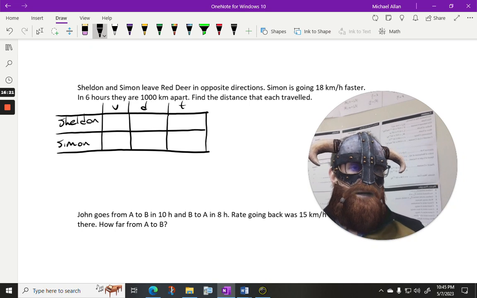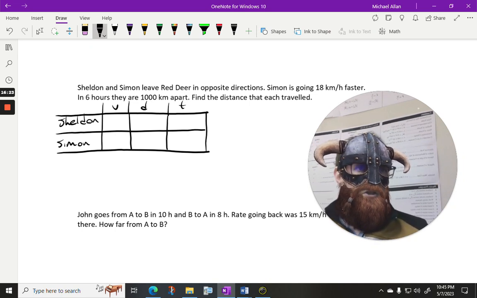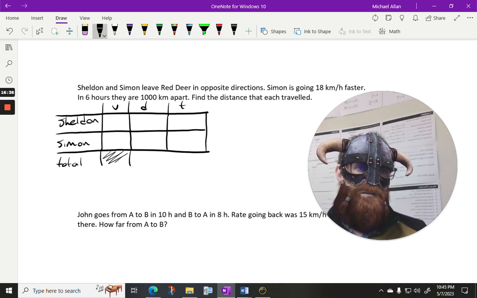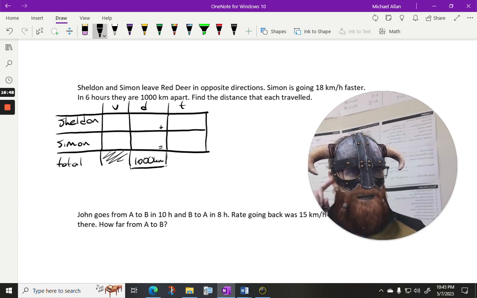Cool. All right. So Sheldon, they leave in the same. In 6 hours, they're 1,000 kilometers apart. So that's going to be because they're traveling at different distances. But that total, that is 1,000 kilometers. That's going to be my total distance that I traveled here. So if I add these distances together here, I'm going to get this number 1,000 at the end.